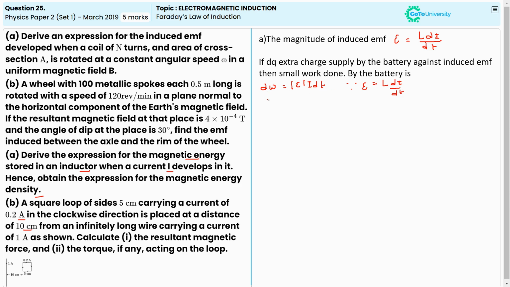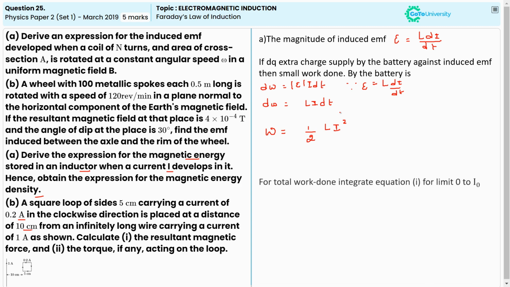Then we can write this as dW is equal to L i times di. Then we can write this as W is equal to 1 by 2 L i square.